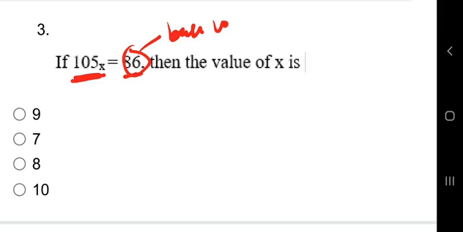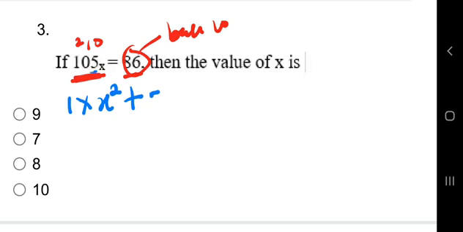So in this case, what we're going to do is to convert this to base 10 and equate our answer to 86. So we're going to have 0 1 2 as usual. So that's going to be 1 multiplied by x, which is the base, raised to the power 2, plus 0. We don't need the 0 there, so there's nothing for us to write. So we can jump to 5, because when you multiply 0 by anything, it gives you 0.